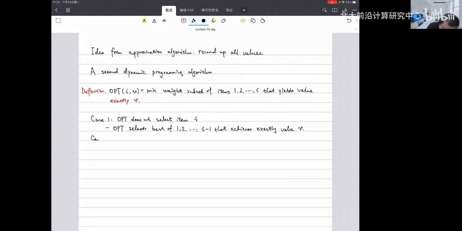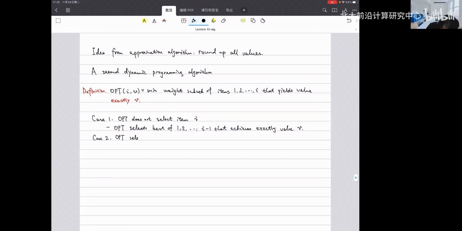For the second case, of course, it is the case where the OPT selects item i. In this case, after we select item i, this is going to consume weight w_i, and the new value needed is exactly v minus v_i.